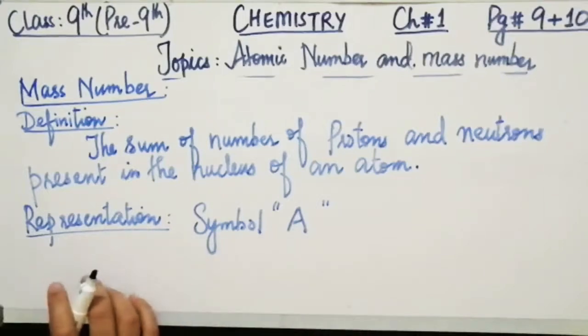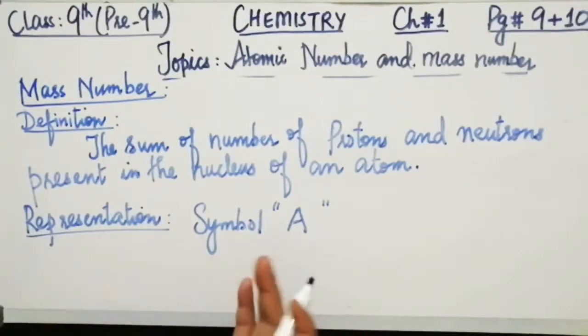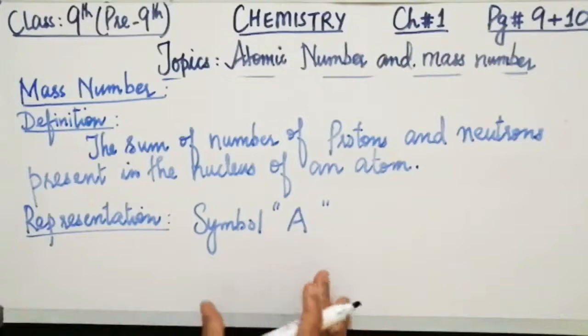Another important thing which you have to write down is the formula used for the calculation of the atomic mass or mass number.